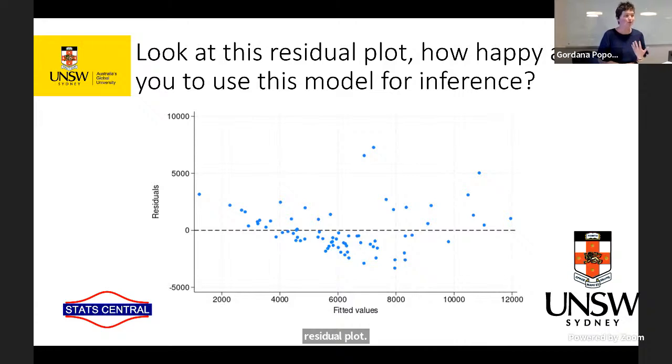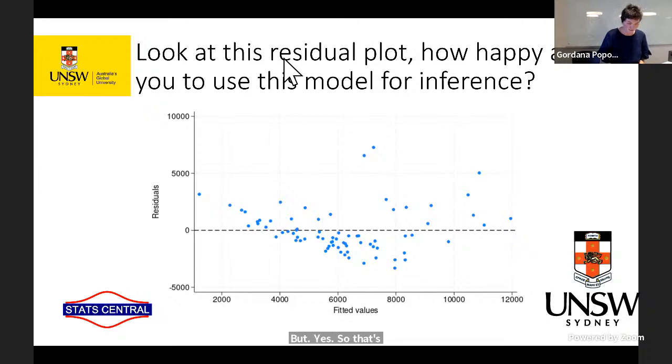How happy are you to use this model for inference? So if you fit a model and get a residual plot like this, do you go, okay, we're good, and start looking at your p-values and confidence intervals? Or do you go, no, I'm going to stop here, I need to do something else? At the moment, you don't know what to do, but that's going to be the question.